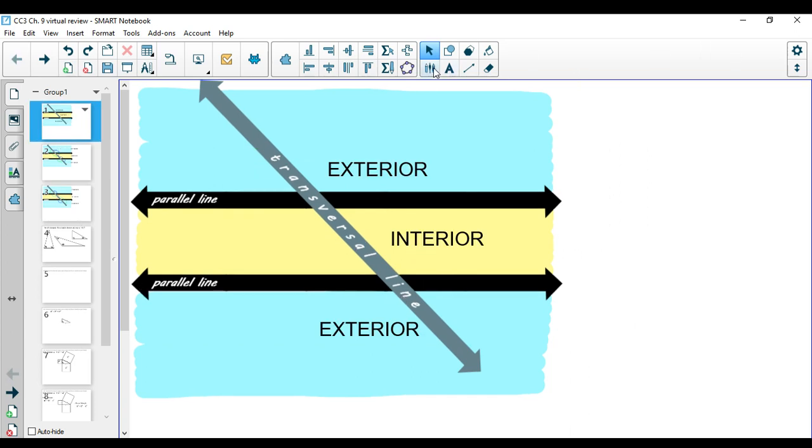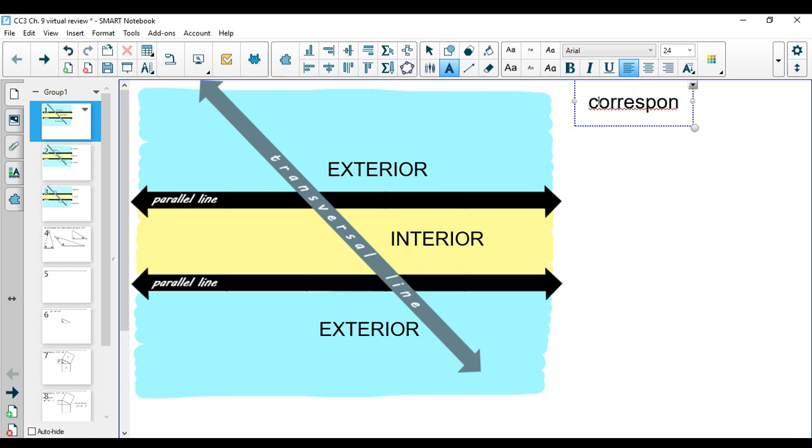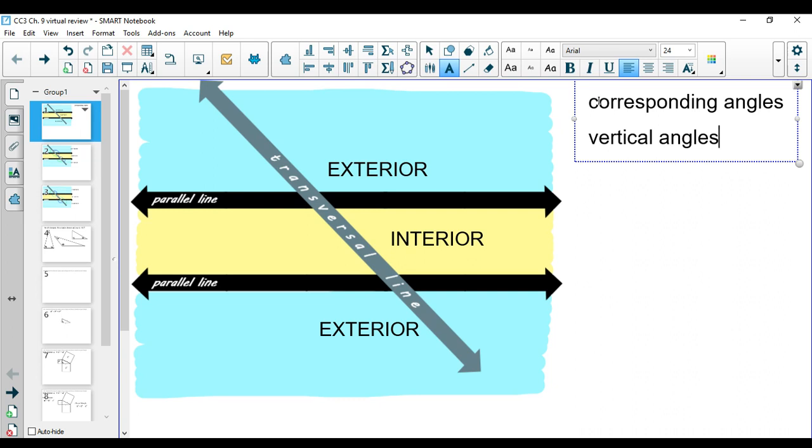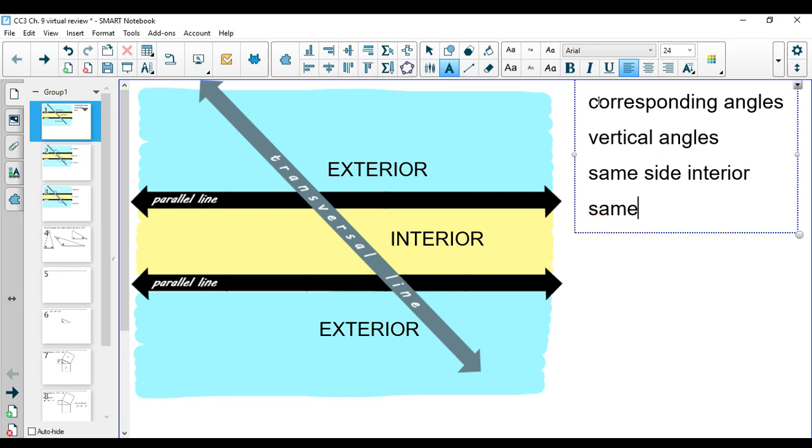So going back to the different types of angles that we have: corresponding angles. Those are angles in the same locations, and I'll show you what that means. We have vertical angles. Those are formed by two intersecting lines. We have same side interior and same side exterior.